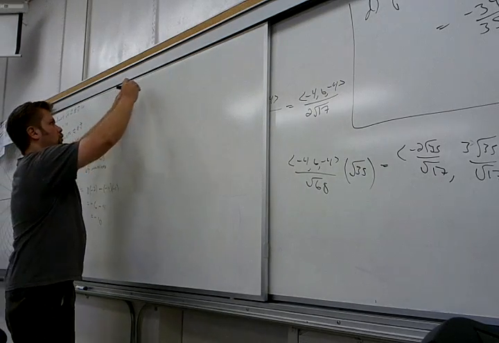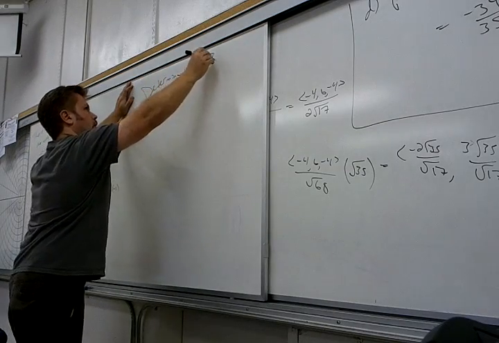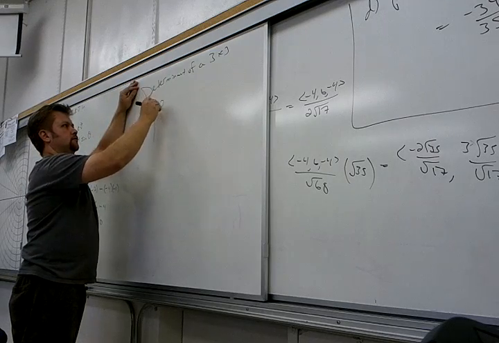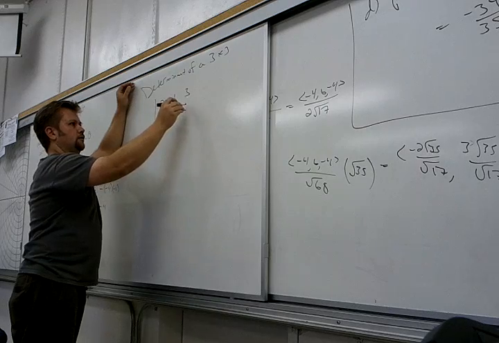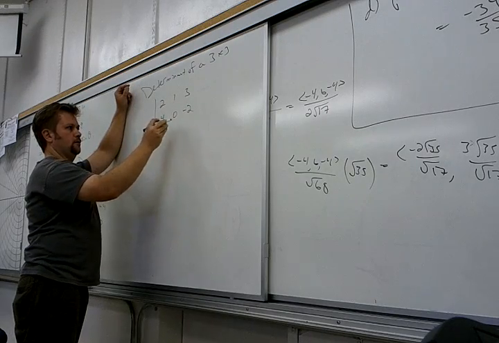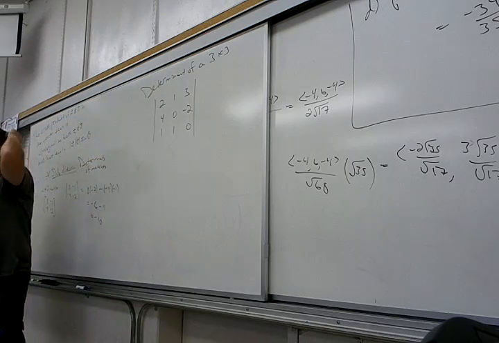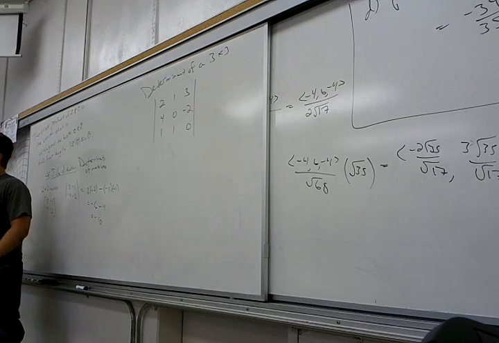If I want to find the determinant of a 3 by 3, I could have something like 2, 1, 3, 4, 0, negative 2, 1, 1, 0. This is not going to be as easy as this was, but it's sort of the same idea.